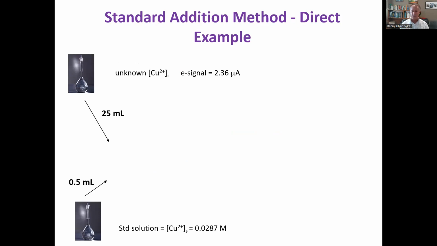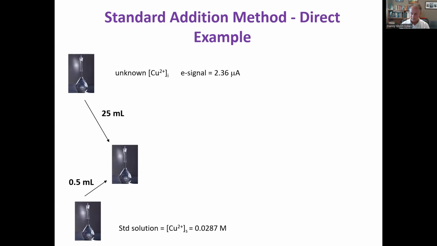So what I'm going to do is take a relatively large volume of my unknown solution and place it into a different volumetric flask or container. And then I'm going to spike it with a small volume of that known standard solution concentration. Okay. So now if I look at this flask here in the middle, its total volume is 25.5 mL.